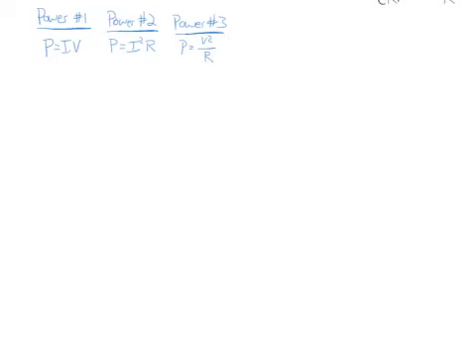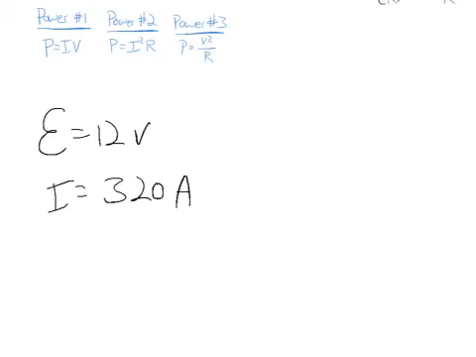So then, example C on your notes says a car battery has an EMF of 12 volts. When the car's motor is running, the battery current is 320 amps. Okay, what power does our battery supply? Well, we got our power equation. We know we have a potential difference right here.